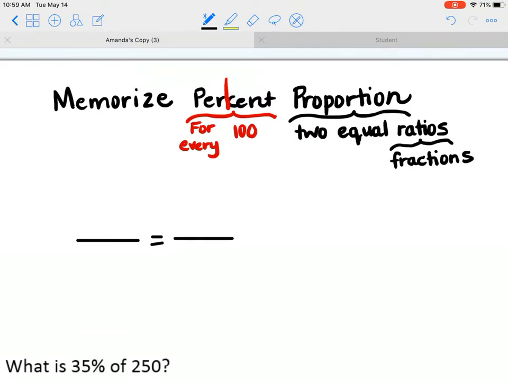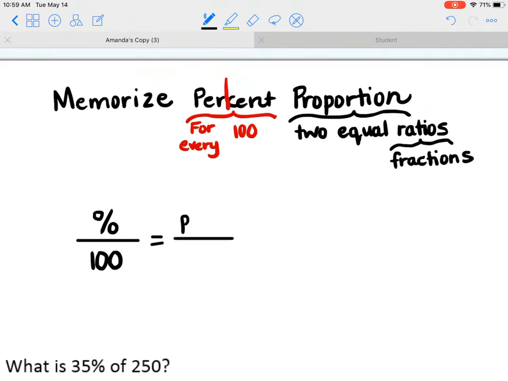Okay, here's the first thing you need to know. We're going to put the 100 on the bottom, and it's constant. It's always going to be there, because that's what percent means. So on one of our fractions, the 100 is on the bottom, and on the top of it is whatever goes with our percent sign. So percent goes over 100.